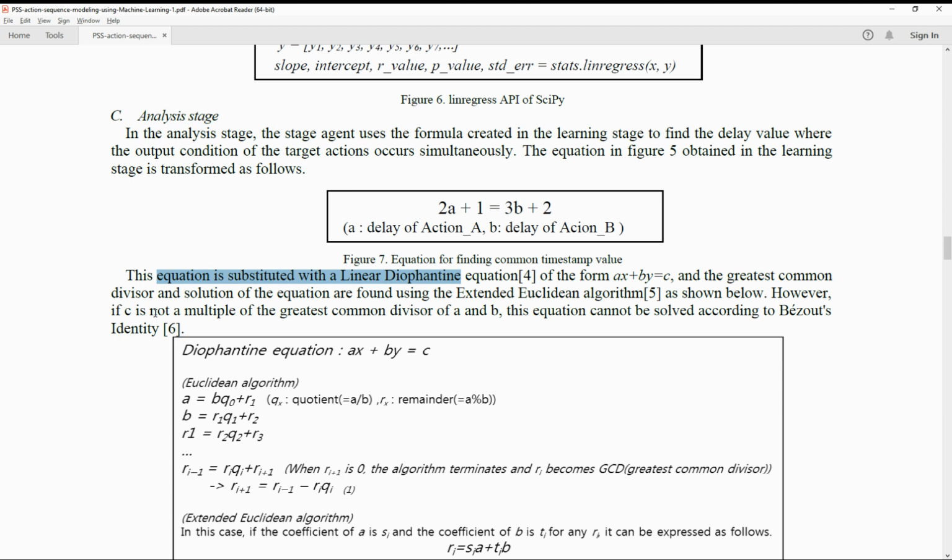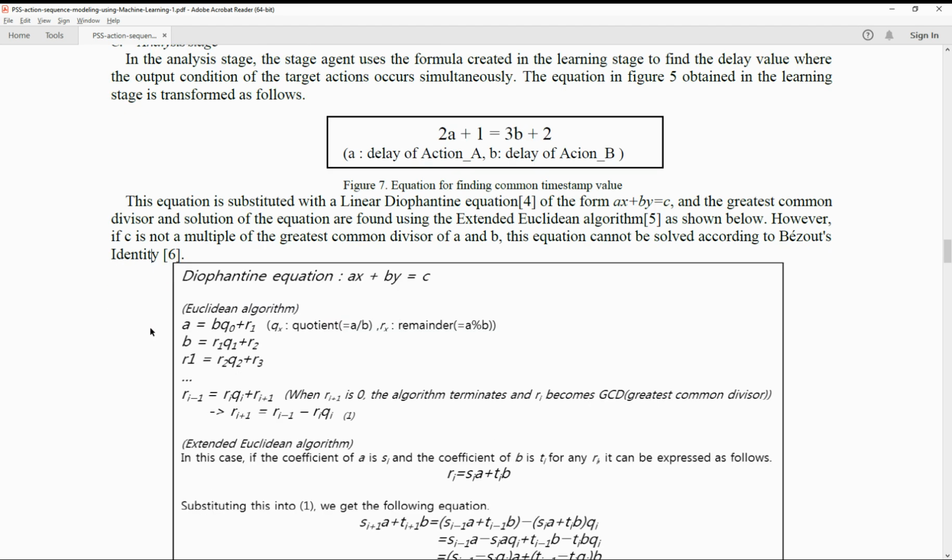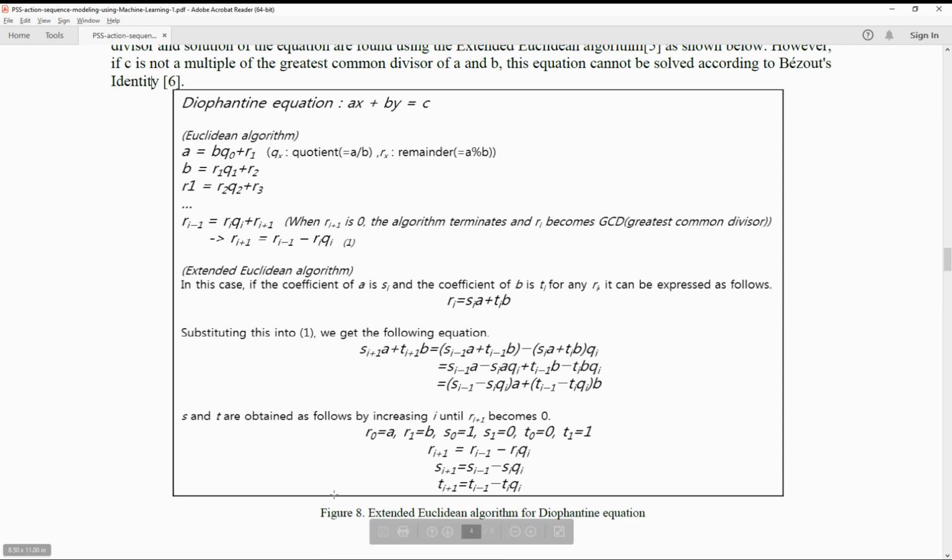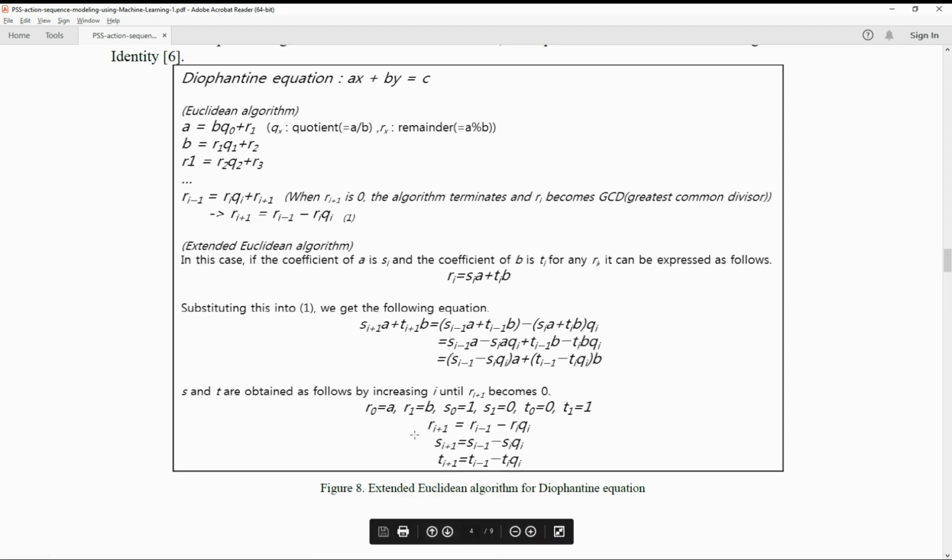However, if the C is not a multiple of the greatest common divisor of A and B, the equation cannot be solved according to Bezout's identity. Figure 8, extended Euclidean algorithm for Diophantine equation.